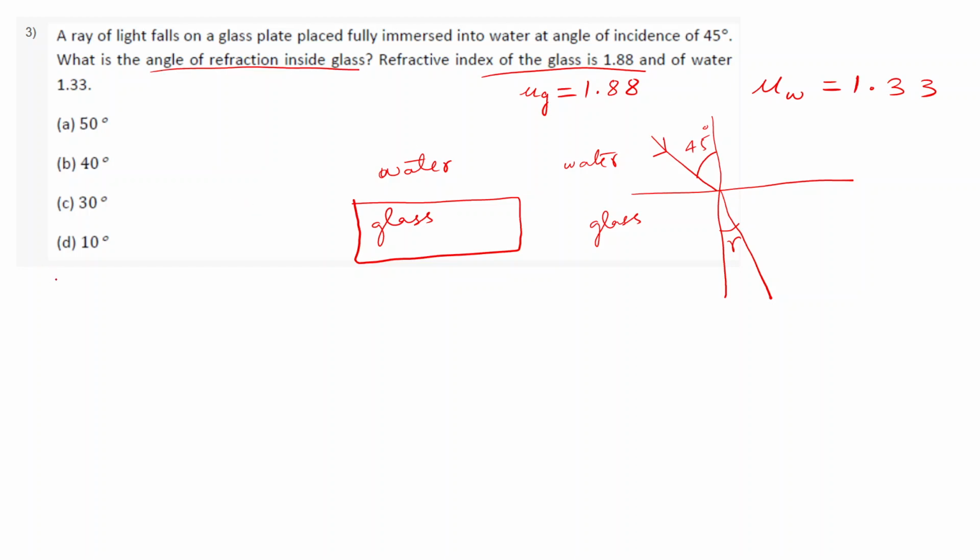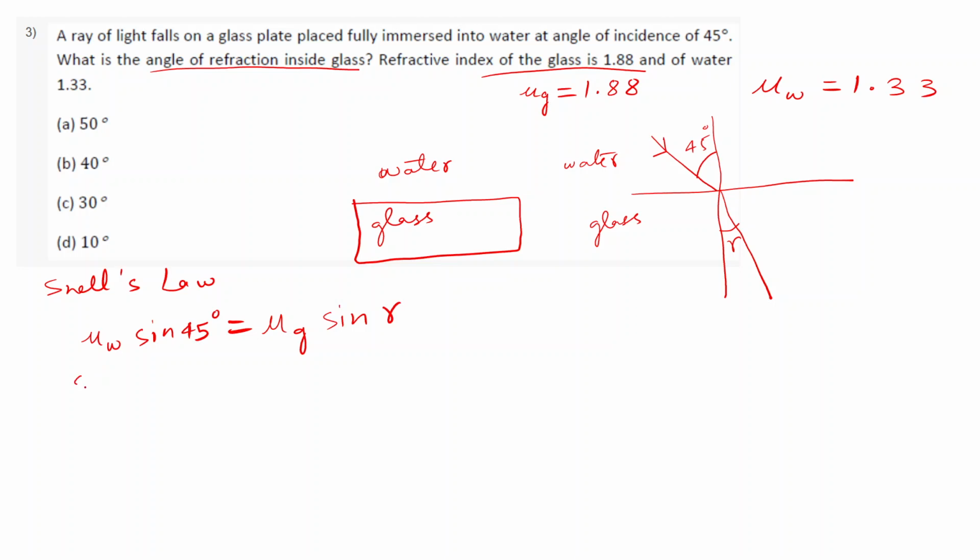So from Snell's law again, for our water and glass interface, when we apply Snell's law, we get the refractive index of the medium where the angle of incidence is, and sine 45 degrees, equal to the refractive index of the medium where refraction is happening, which is the glass medium, so the refractive index of glass and sine of R, which we have to find out, which we don't know yet.